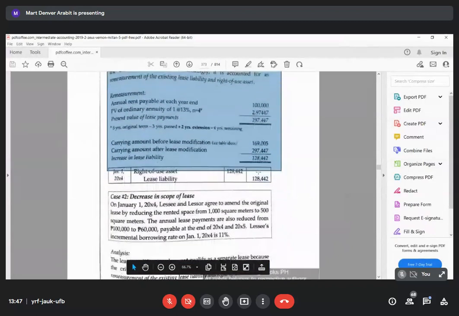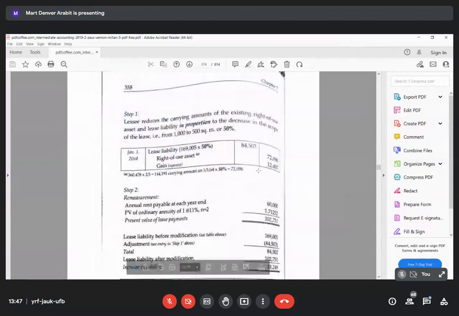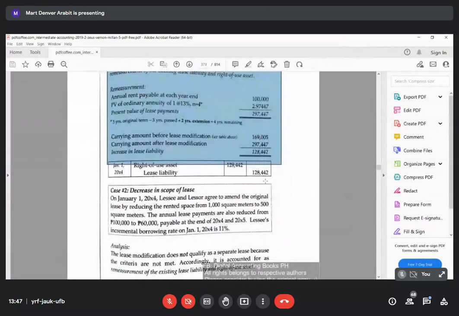Okay, so case number 2, decrease in scope. So in this case, on January 1, 2024, lessee and lessor agreed to amend the original lease by reducing the space rented from 1,000 to 500 square meters. The annual lease payments are also reduced from 100,000 to 60,000, payable at the end of 2024 and 2025.